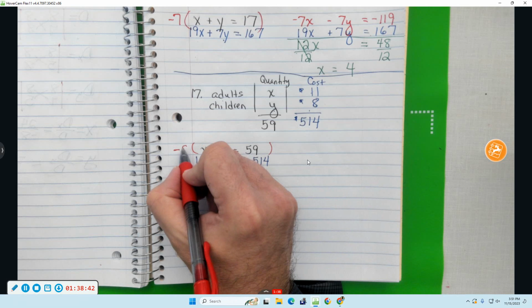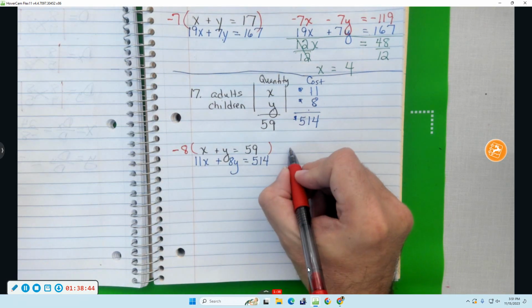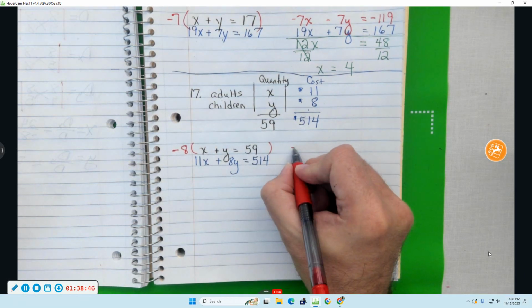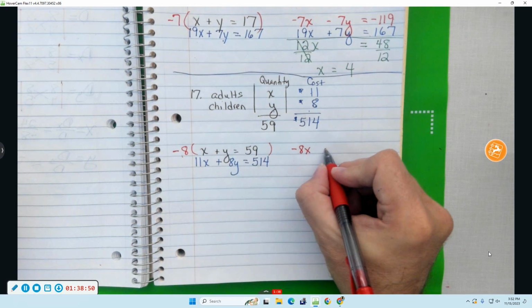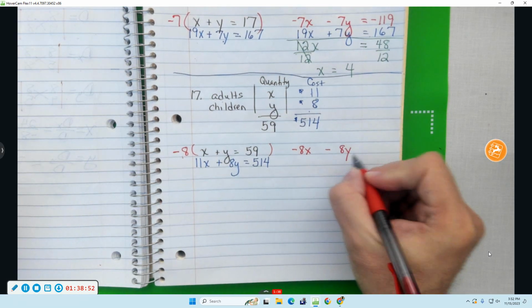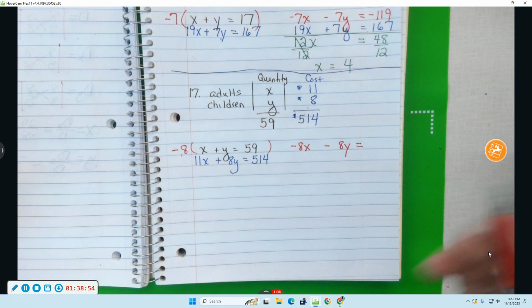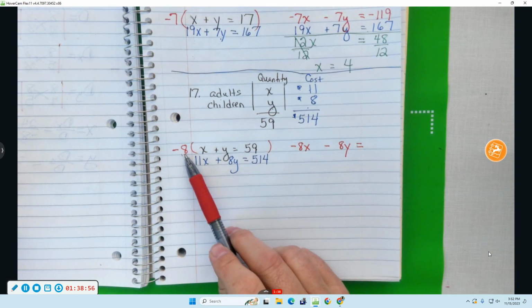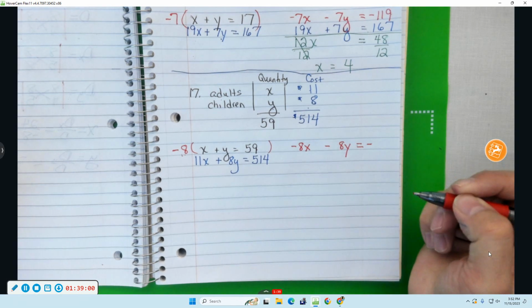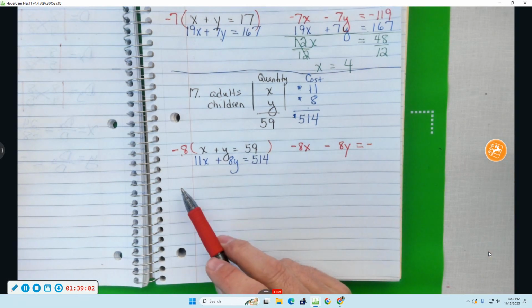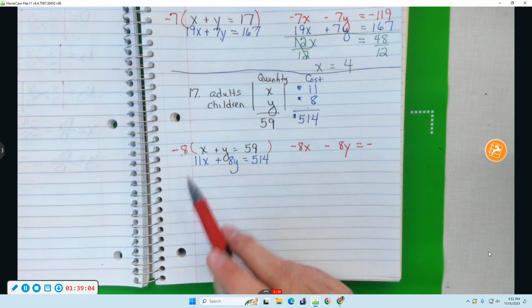A negative 8. I agree. So we would have a negative 8X minus 8Y equals, what about 59 times negative 8? Let's see, 50 times 8 is 400. 9 times 8 is 72.